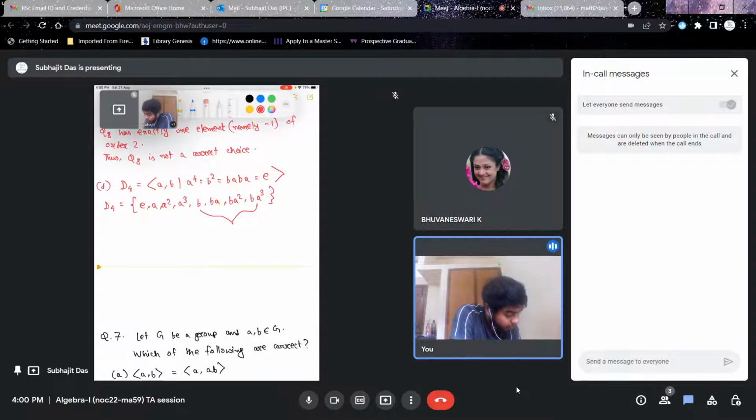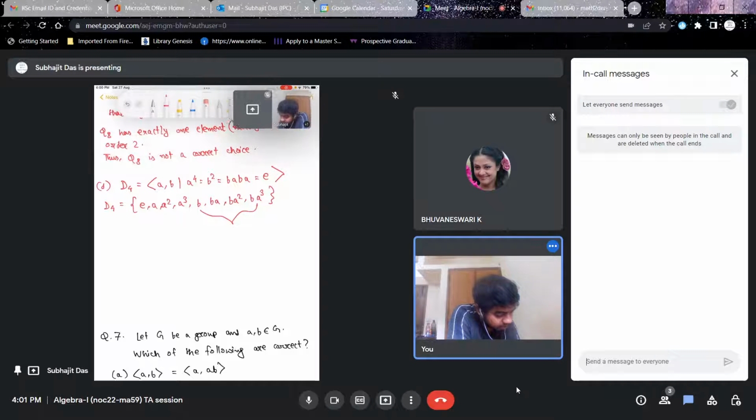Right? So these are all reflections, they have order 2, and these others, a, a square, a cube, are clearly rotations, right? Since a to the power 4 is identity, a square has to have order 2, and a and a cube are of order 4. e has order 1, right?